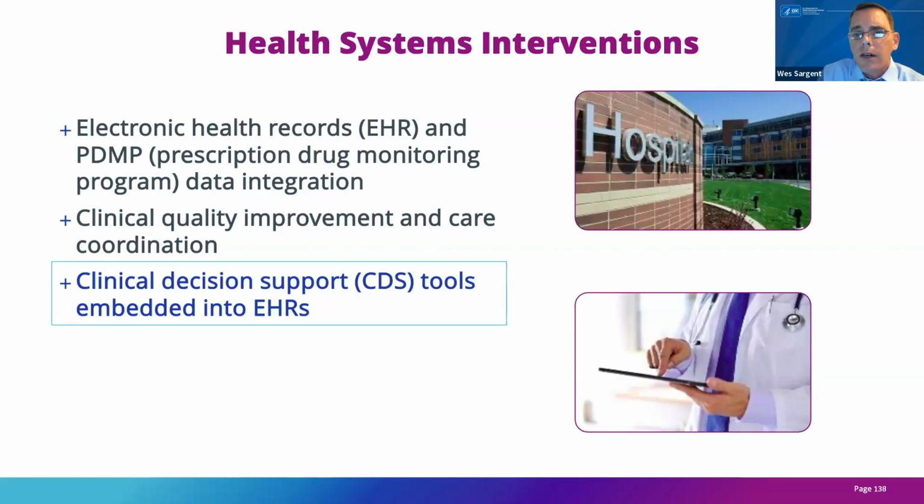The first real area that we focused on, starting around 2015, 2016, was integrating prescription drug monitoring program data into clinical workflow and then building out additional data. So for example, now integrating non-fatal overdose within the integrated PDMP EHR interface.